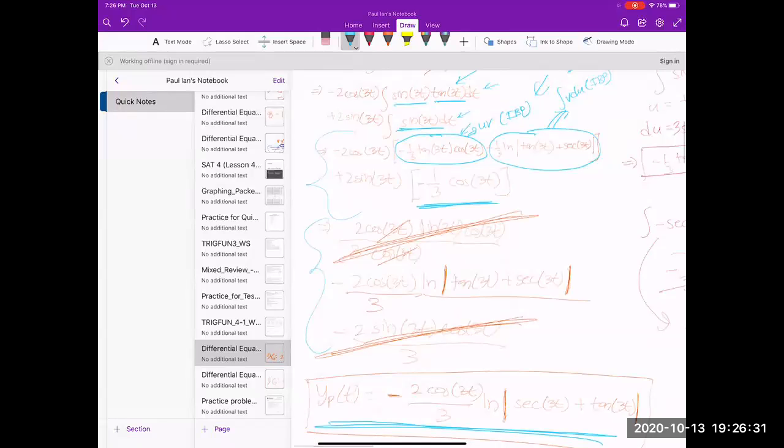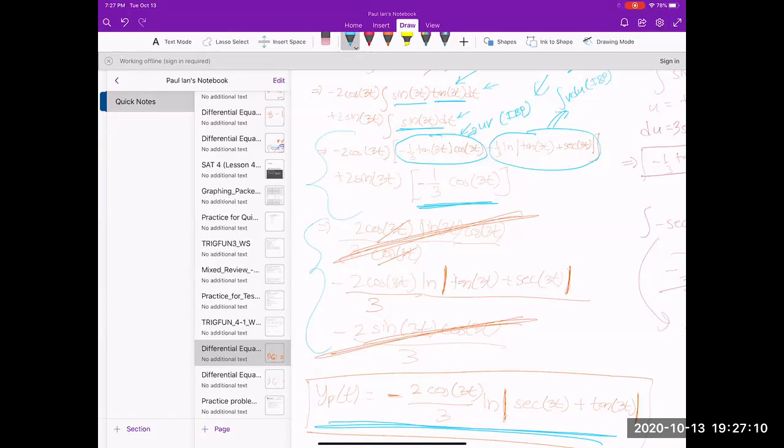So when you get this minus 2/3 cosine 3t, and then the other one, the minus 2/3 cosine 3t tan, times cosine. If you change the tan to sine over cosine, then it cancels with the other term. Do you see that happening?